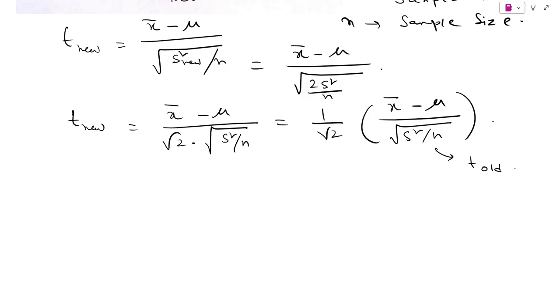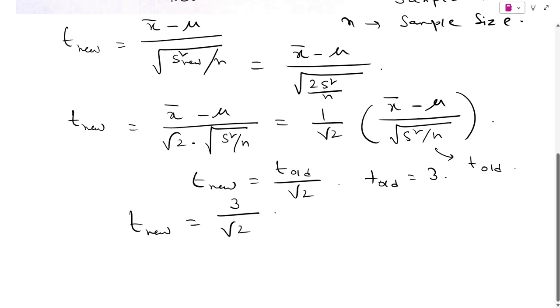So T new is T old by root 2. Given that T old was 3, T new will be 3 by root 2.